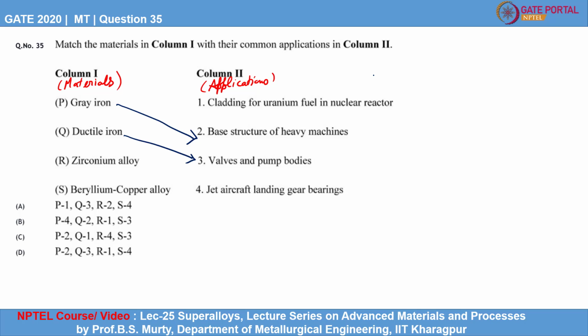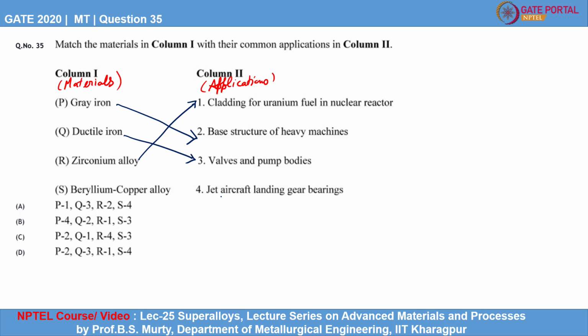And these two requirements are met by zirconium alloy. So zirconium alloys are generally used for cladding of uranium fuel in nuclear reactor, as they have low capture cross section to thermal neutrons and they also possess good mechanical as well as corrosion properties.